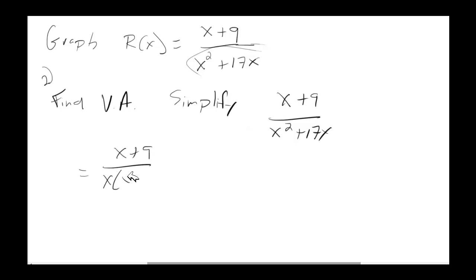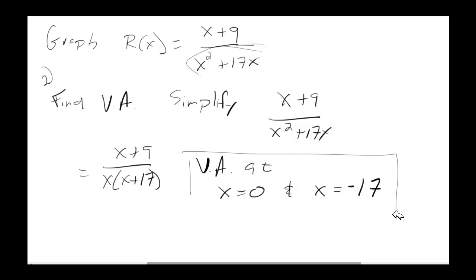On the bottom I can take that x out, and try to see, can I cancel anything out here? Nope. So the vertical asymptotes are going to be at x equals 0 and x equals minus 17. Remember, after you simplify, anything that still causes the bottom to zero out is where your vertical asymptotes are. Alright, let's find the horizontal ones.